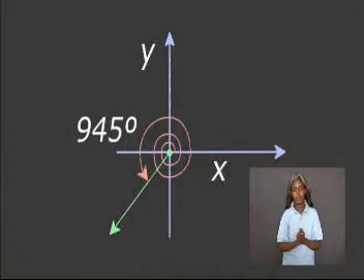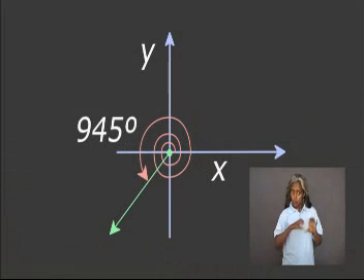You must have noticed by now that some of the angles we are talking about are larger than 360 degrees. But we can take an angle that is larger than 360 degrees to find a smaller coterminal.